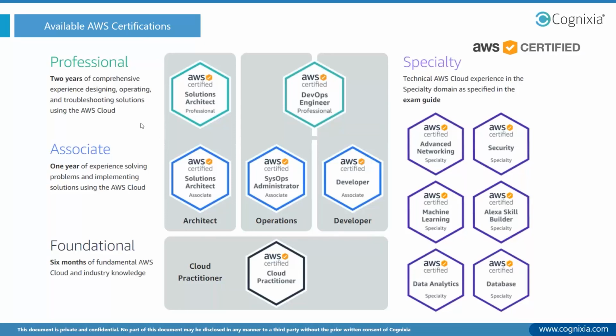But in AWS, not only this, we have the associate level of certification, and we have a professional level of certification in all three verticals, and we have six specialty certifications in AWS, like Advanced Networking, Machine Learning, Data Analytics, Database, Alexa Skill Builder, and Security.